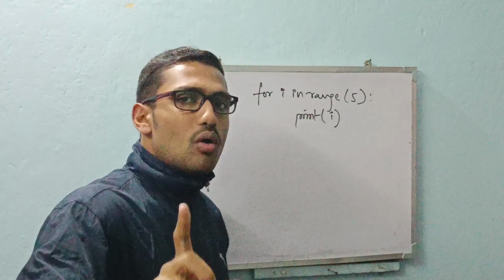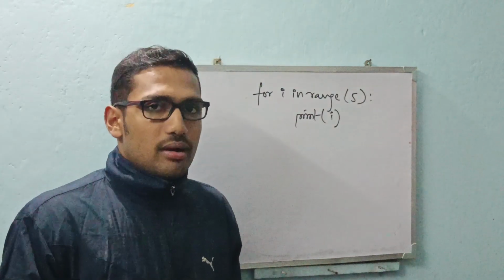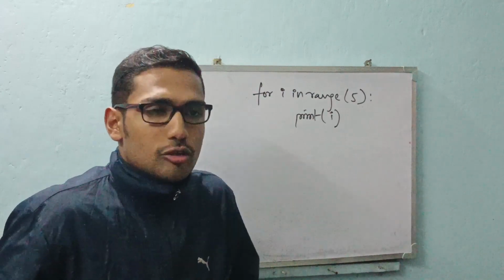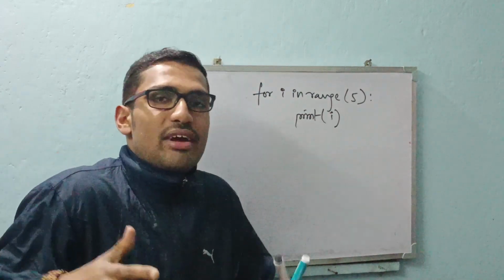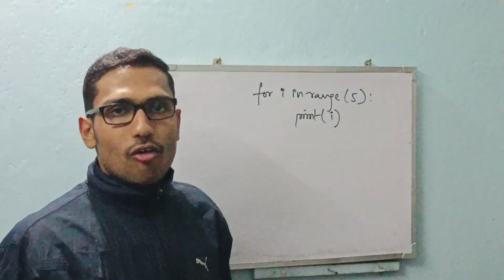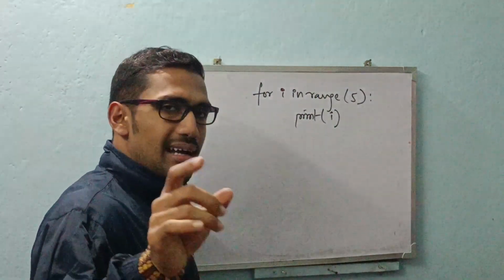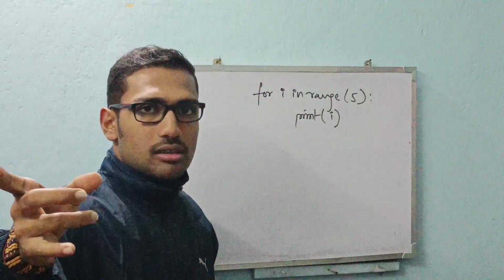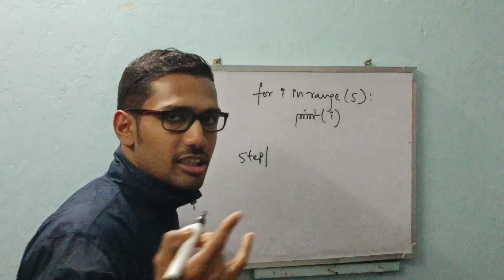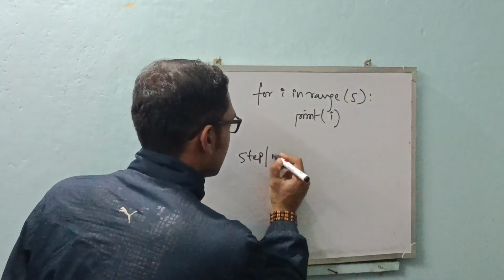In order to understand any loop, the best way is to see each and every execution, or to write each and every step of this for loop. In case of a for loop, we use the term iterations. I have used the term step, but you can use the term iteration too. Both are the same thing. So, iteration.